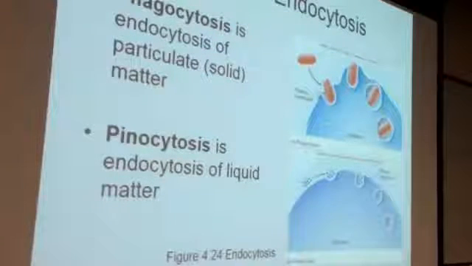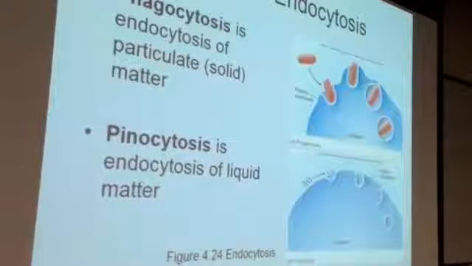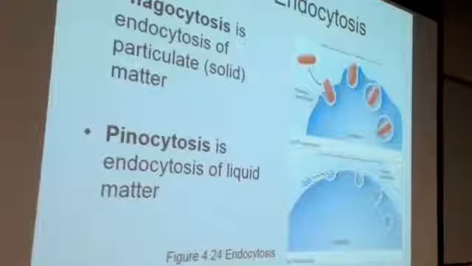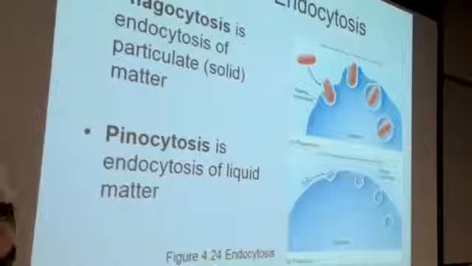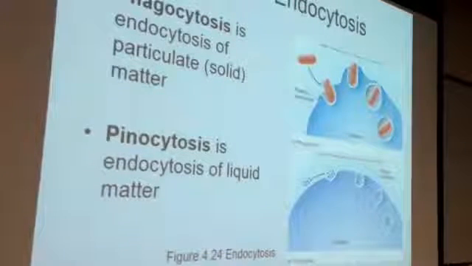Since both of these change the shape of the membrane and then bring a vesicle in, and the vesicle's moving around, all of that takes ATP. So these are also a form of active transport in the sense that they use energy. So endo and exocytosis could go under here.